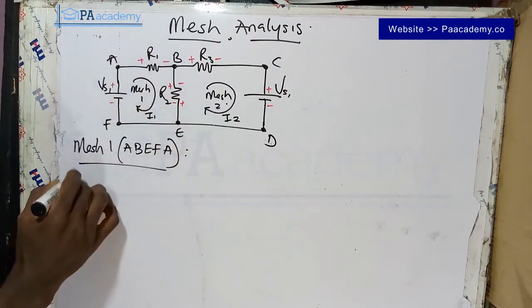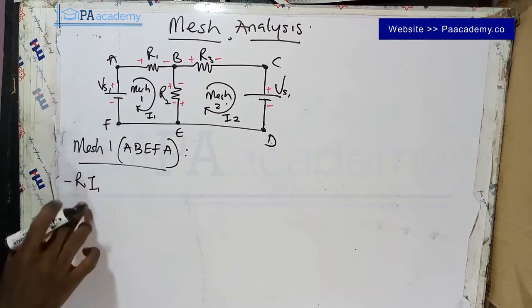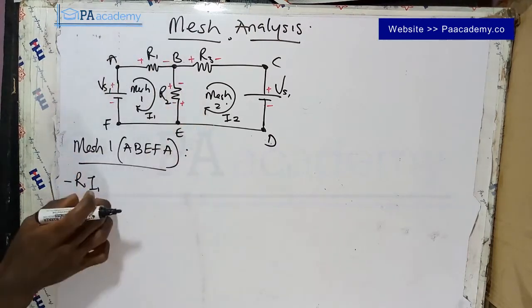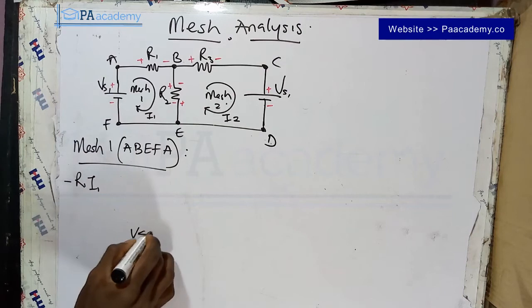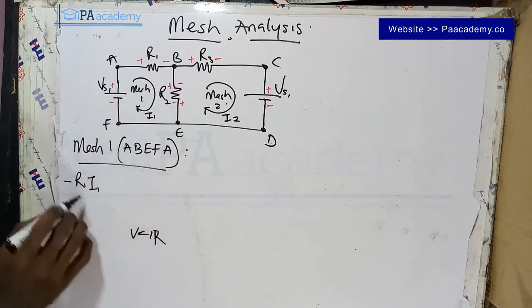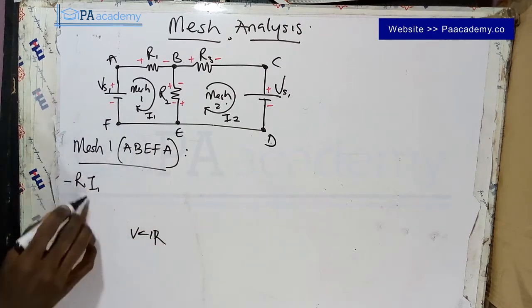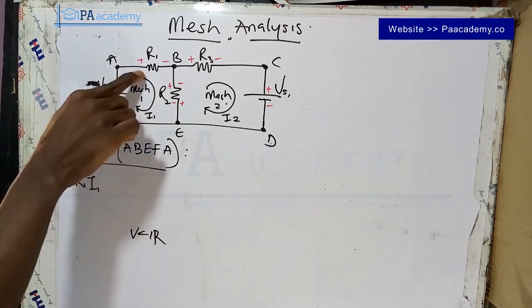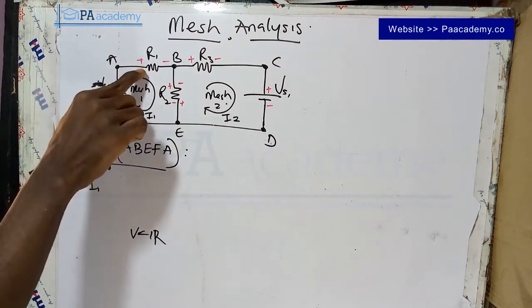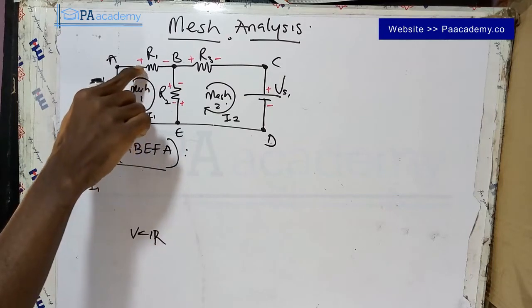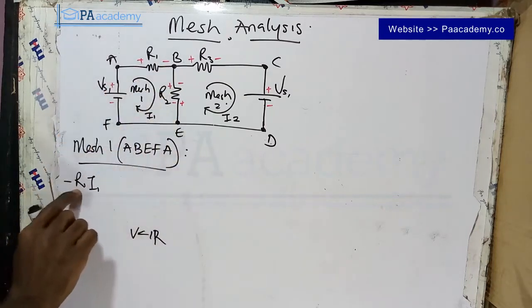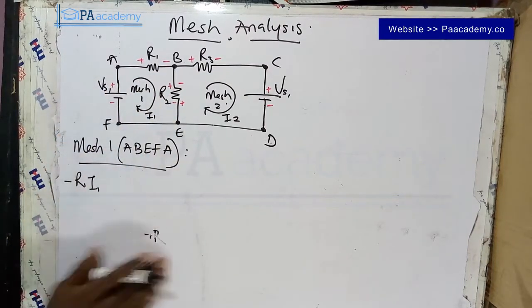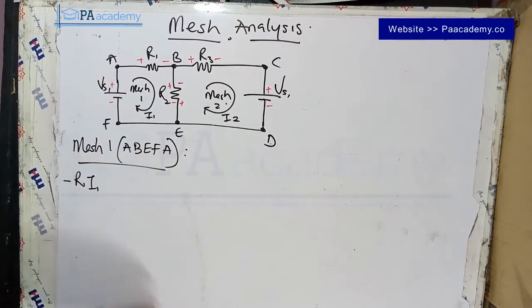So this is the voltage here. Remember, V is equal to IR. So we have our I and we have our R. This represents the voltage. And the negative here is, like I said, because the polarity is going from positive to negative, the direction of current is going from positive to negative. So that's why we are having negative here. I've explained all this under Kirchhoff voltage law.